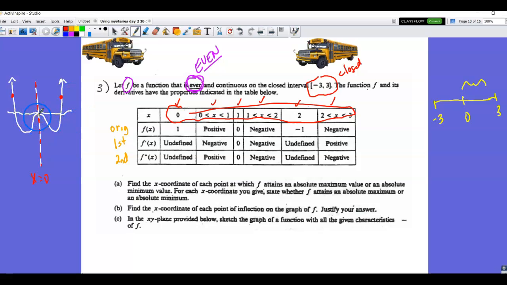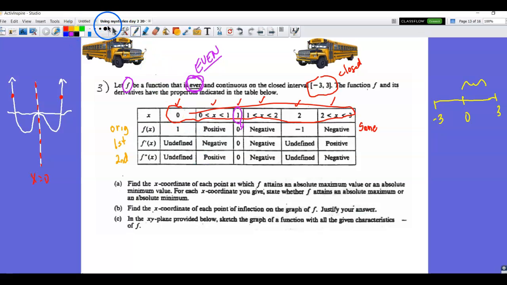Notice at opposite values of x, the y values are the same. So that's really important for me to understand, because when I go in here to the table and I see that, for example, at x equal to 1, the y value is 0, that also tells me at negative 1, the y value is also 0, because the opposite x values have the same y values.